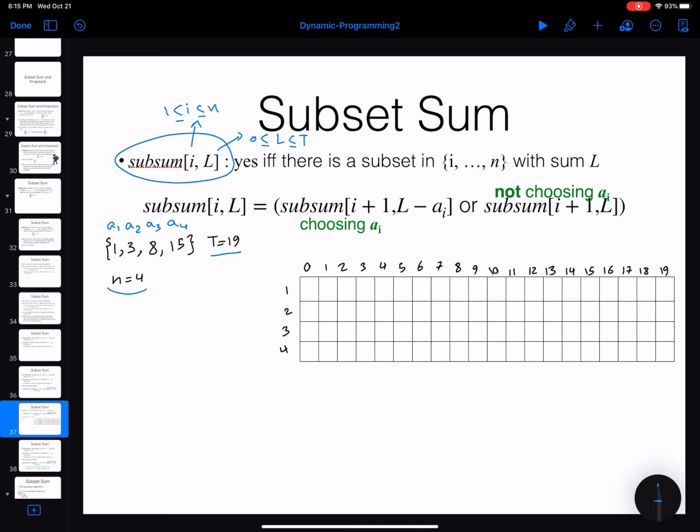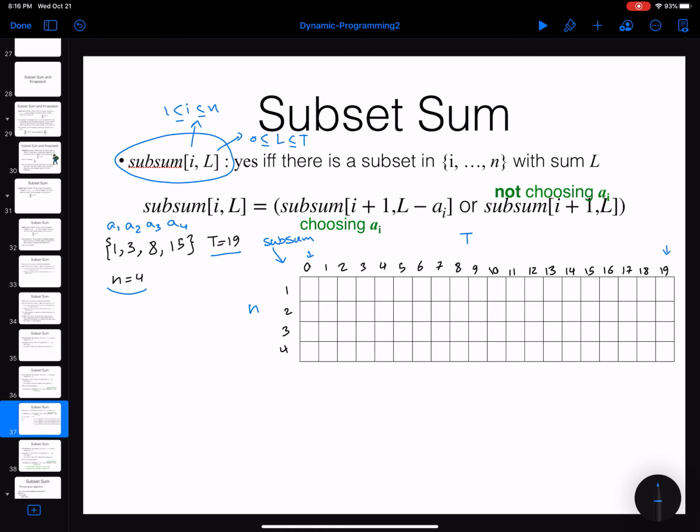So I'm going to have a table. This is going to be that table subsum, that lookup table that I'm going to keep, right? Its size is n to t. In fact, t plus 1, because we are considering from 0 to t.